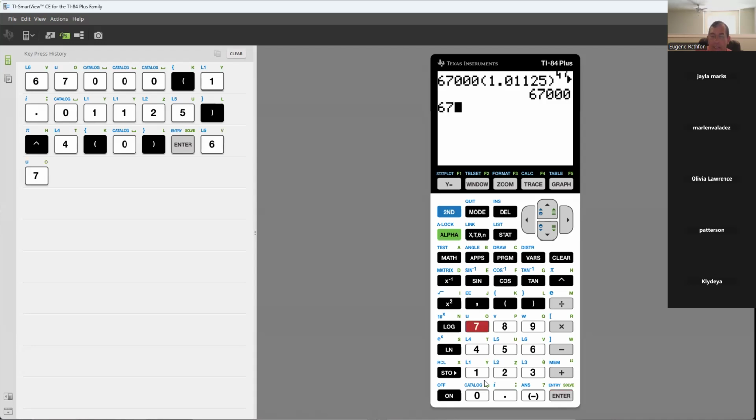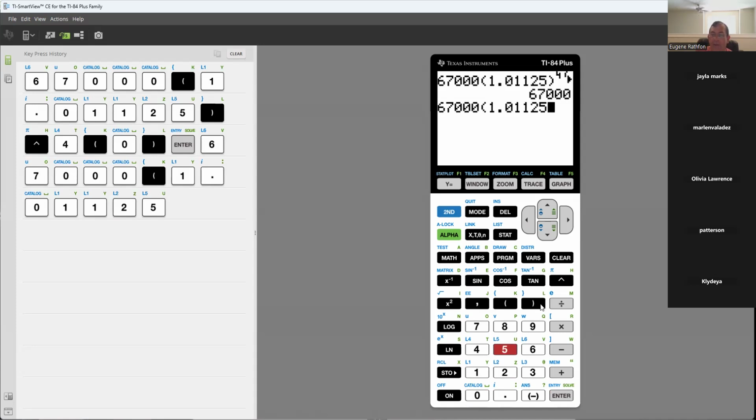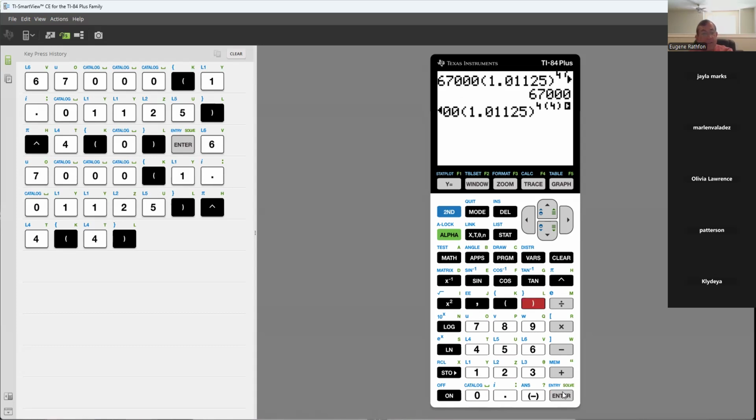So I would do 67,000, 1.01125, close parentheses, exponent will be 4 times t, which is 4. Now this is an investment, so hopefully your money goes up. So when you hit enter, you're at $80,132.